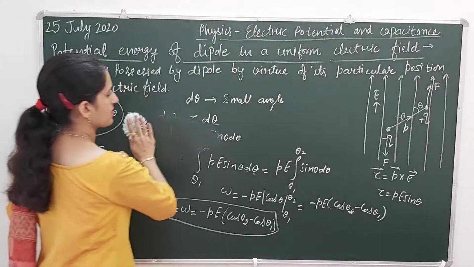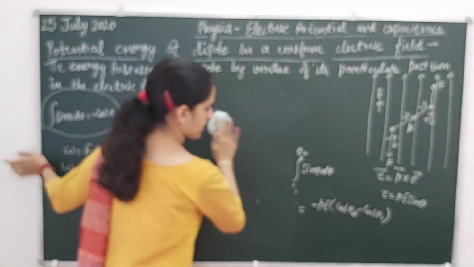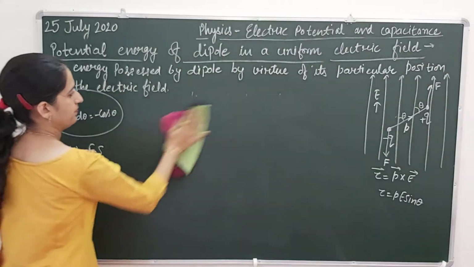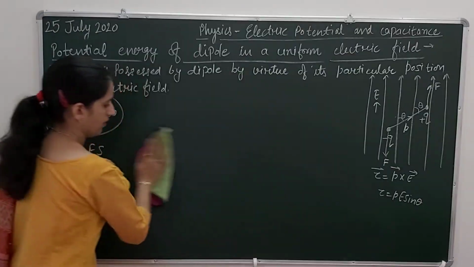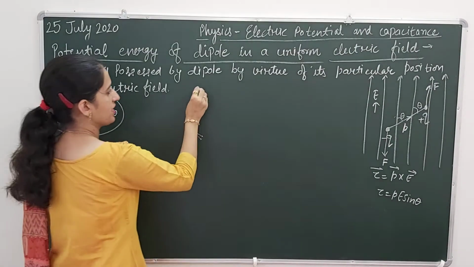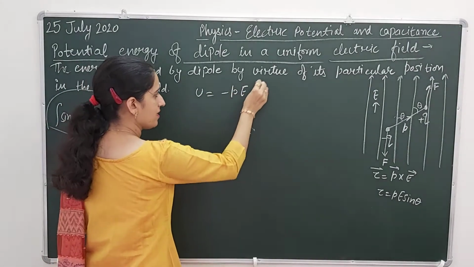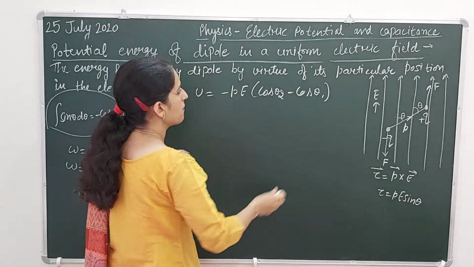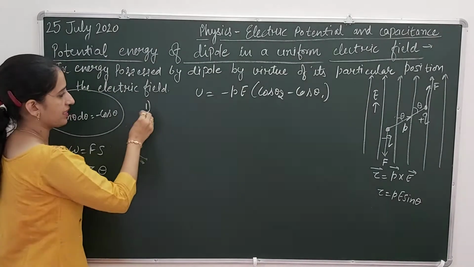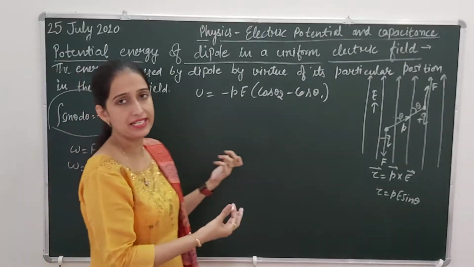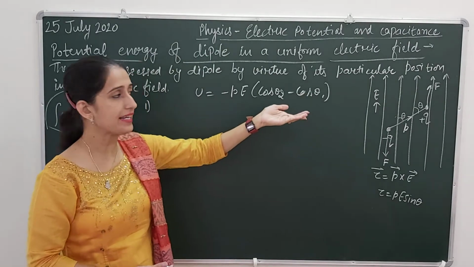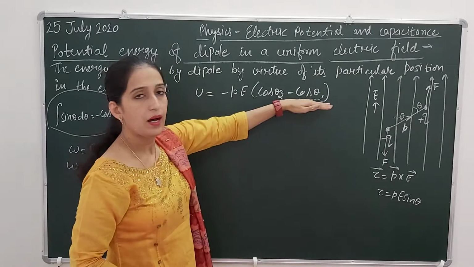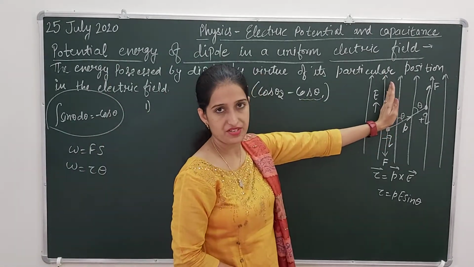Now we are going to discuss some cases of various positions, and then we are going to find out the potential energy. The expression for potential energy we have is minus PE (cos theta 2 minus cos theta 1). In an exam any condition may come. Suppose the first condition says that initially the dipole is parallel to the electric field.